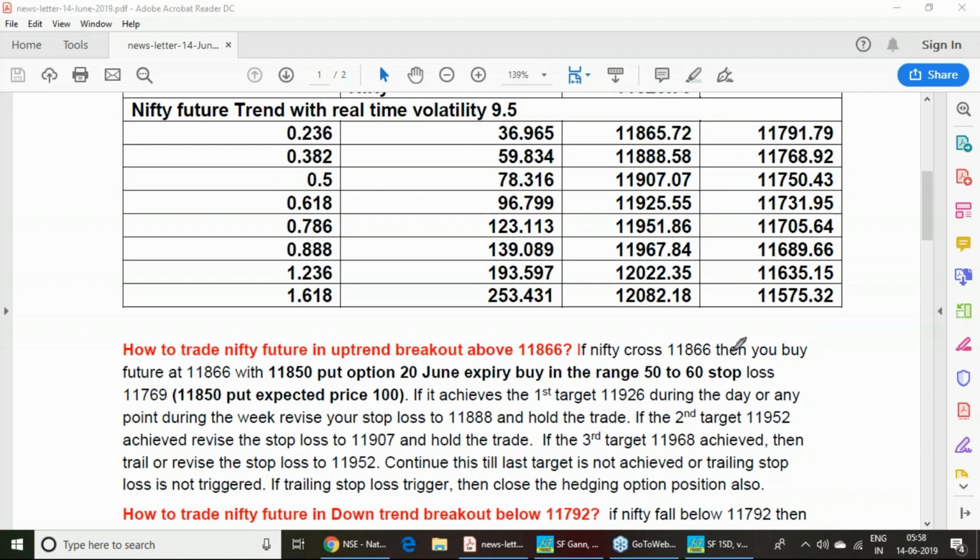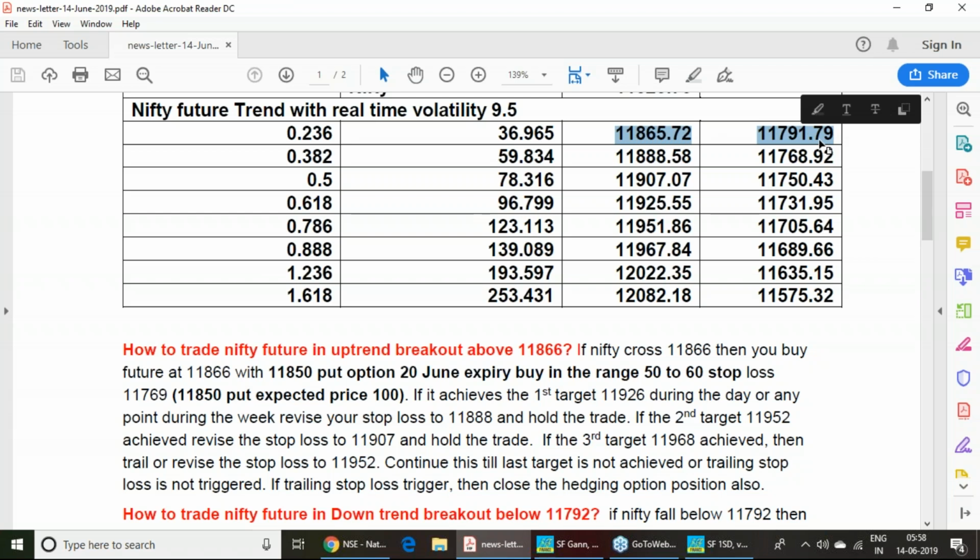I am going to follow the same process for the downtrend. If at any point during the coming week, on Monday or on Tuesday, I get a downtrend breakout, preferably on Monday. If Monday doesn't give me the breakout, I'll wait for Tuesday. If Tuesday it gives me a breakout, I'll enter.